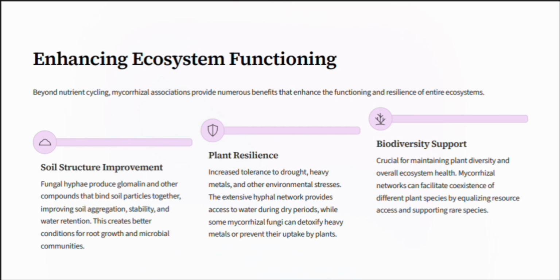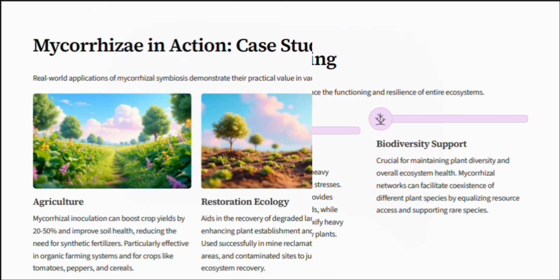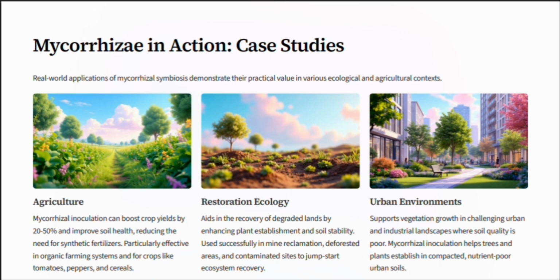And biodiversity support: of course, it helps in biodiversity support by maintaining plant diversity and overall ecosystem health. Now let's see some case studies where mycorrhiza played a crucial role in these areas.